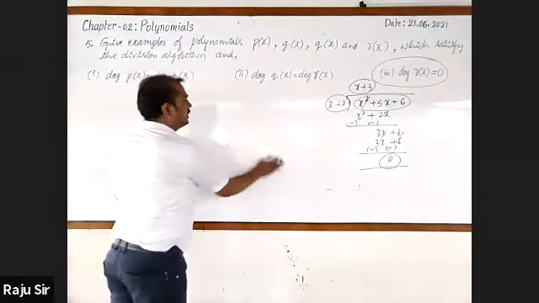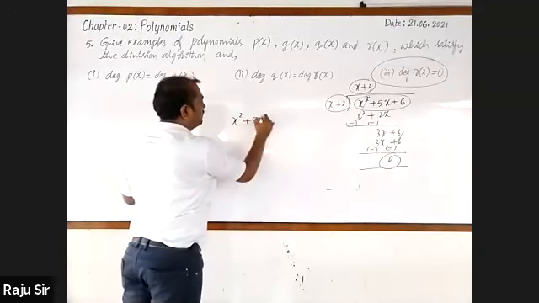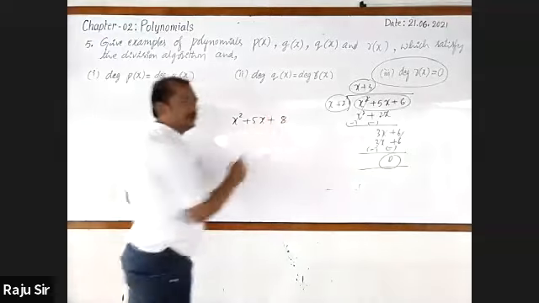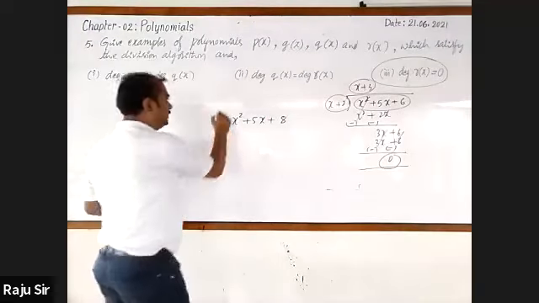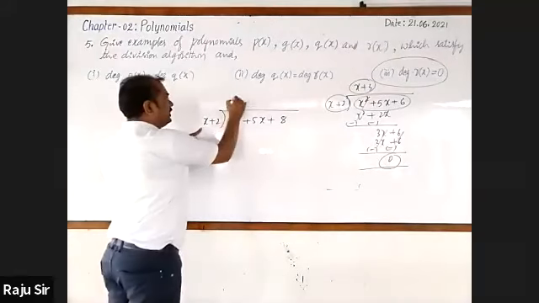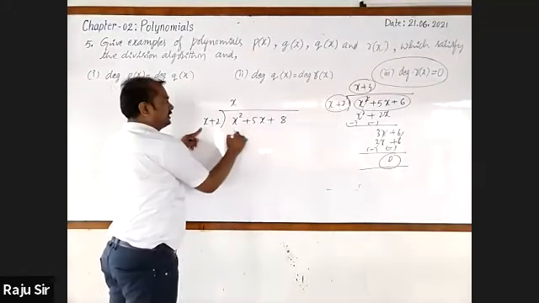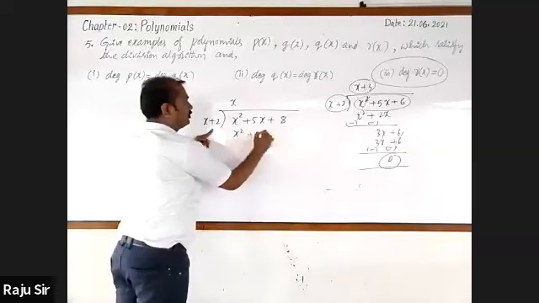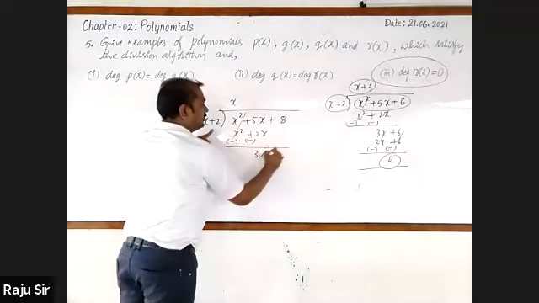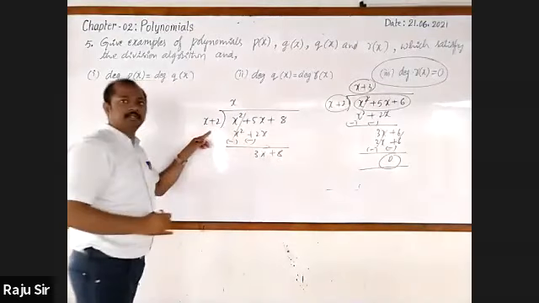Look here, I take x square plus 5x plus 8 at the top. Divide this by x plus 2. Again, see, x into x, x square, x into 2, 2x. Change the sign, minus, minus, get cancelled. 3x. Carry down 8, it is plus 6.